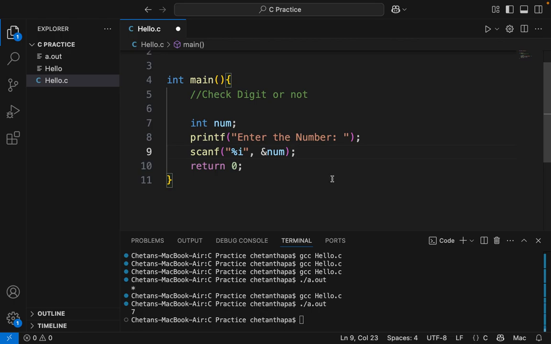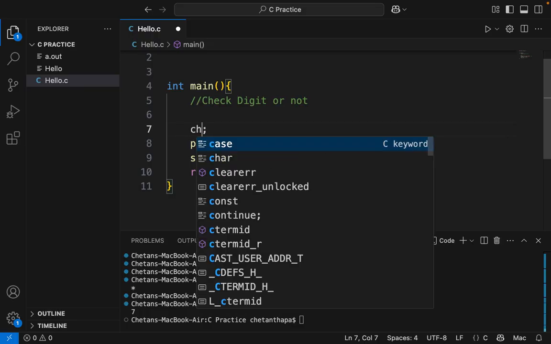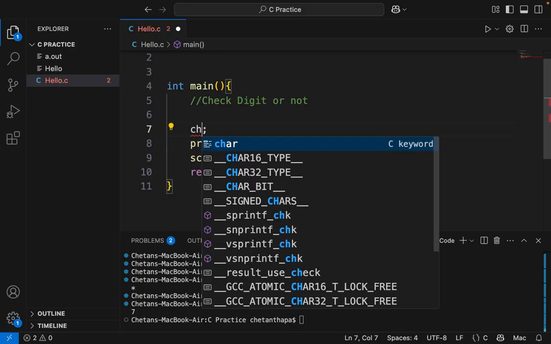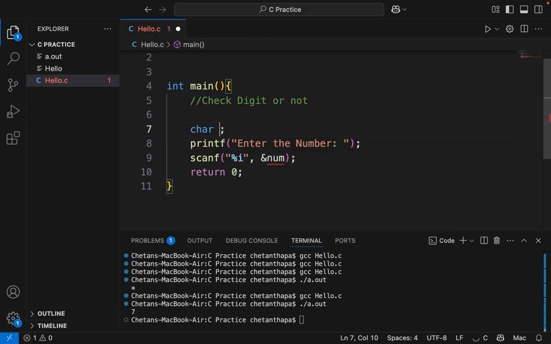Sorry, not num, character. I'm extremely sorry, not integer. You need to assign char. Input.